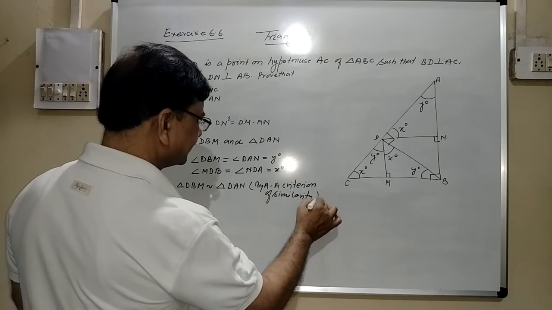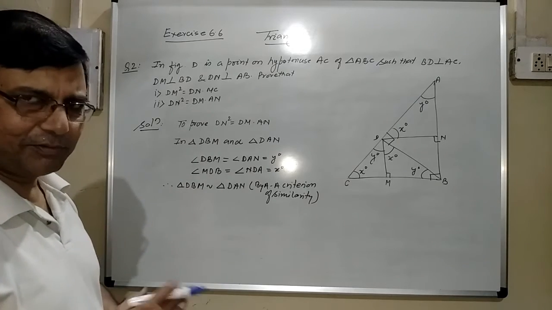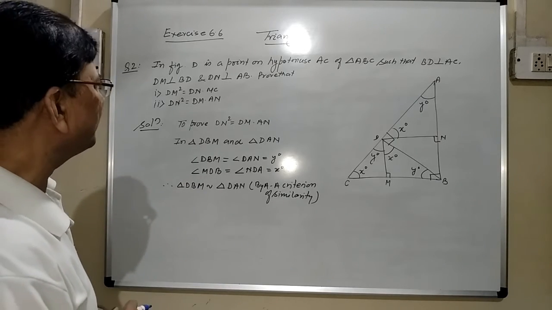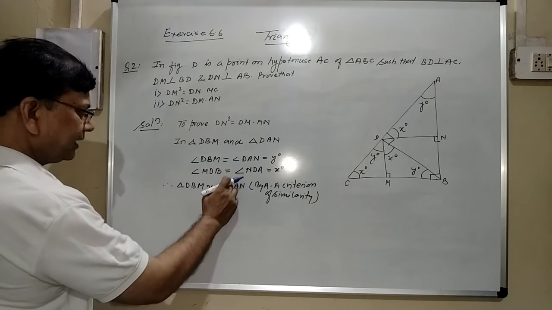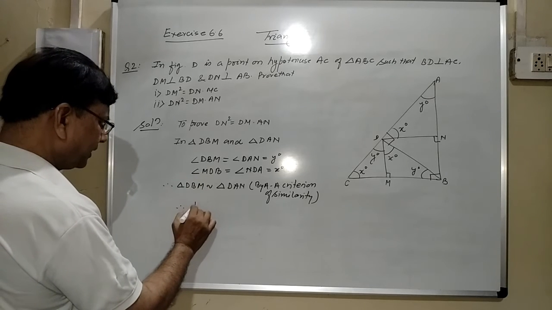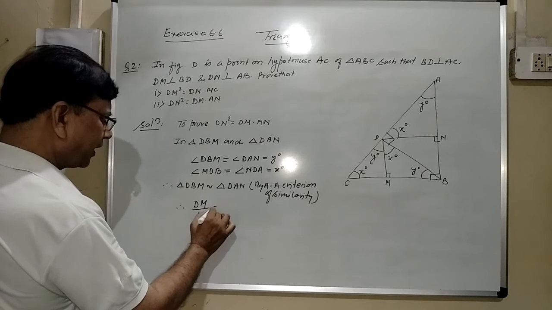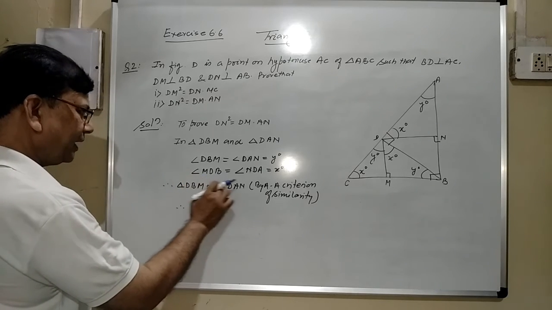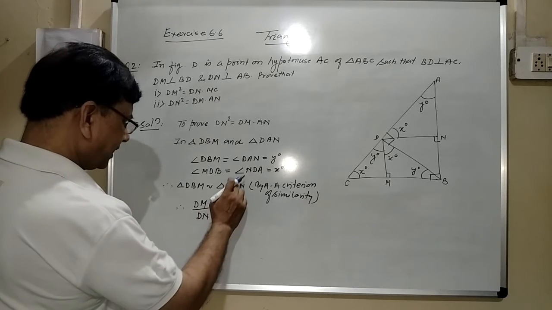If these two triangles are similar, the ratio of the corresponding sides will also be equal. Now we want DN square. So DN corresponds to DM. Therefore DM upon DN, DM of this triangle and DN from this triangle is equal to AN.